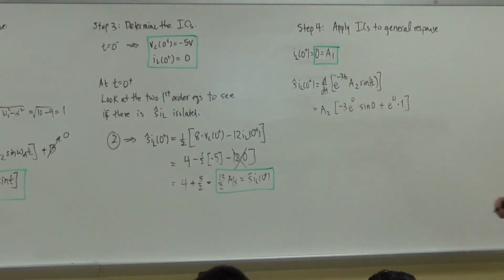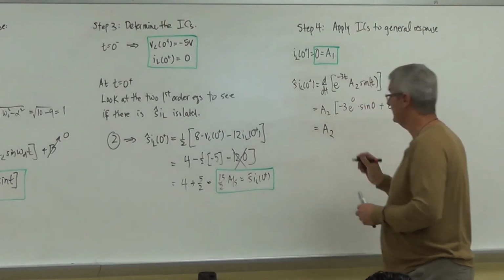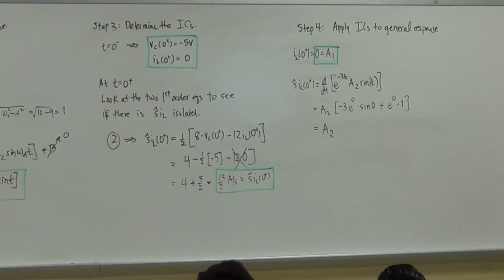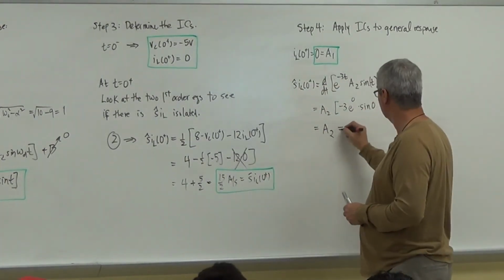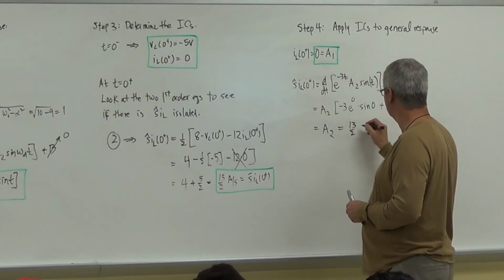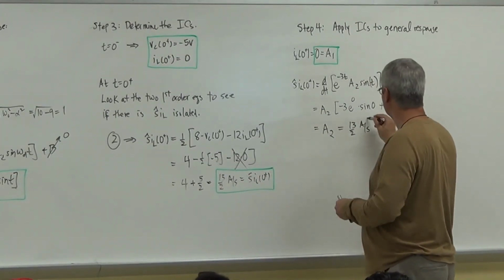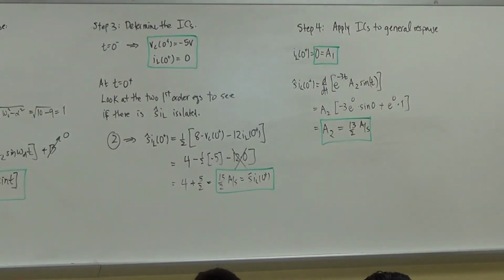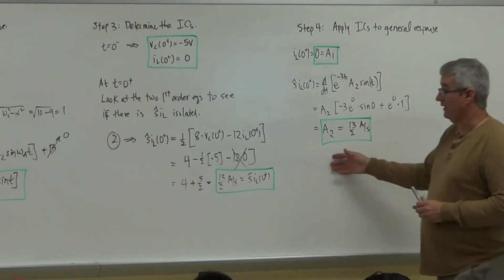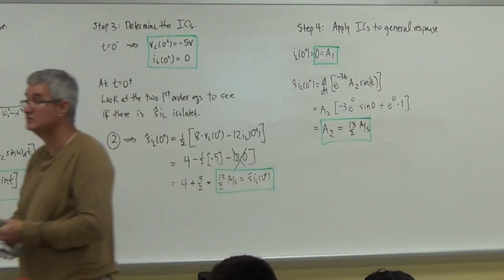So what is this equal to? A2 all by itself. And if it's equal to A2, what is this guy equal to? We said that this was 13 over 2 amps per second. So now I got my second constant. So what do I do with that second constant? I'm going to plug it into my equation here. So let's go look at the solution.